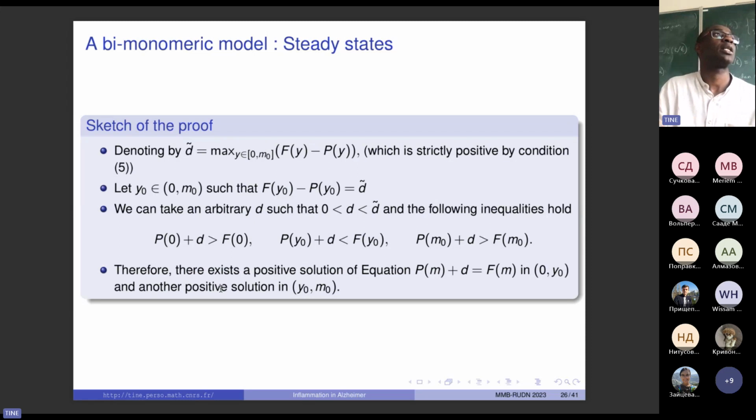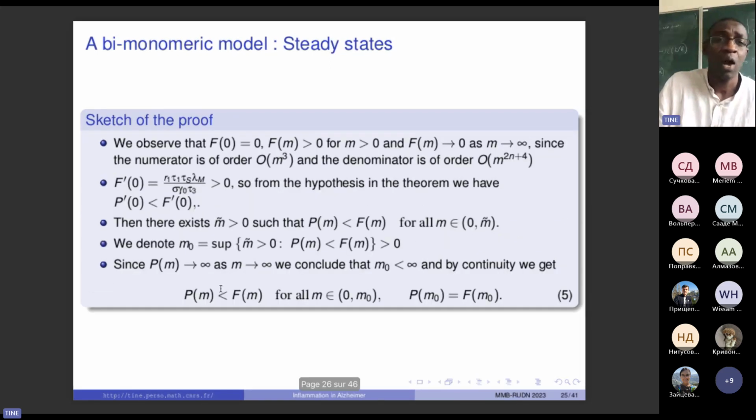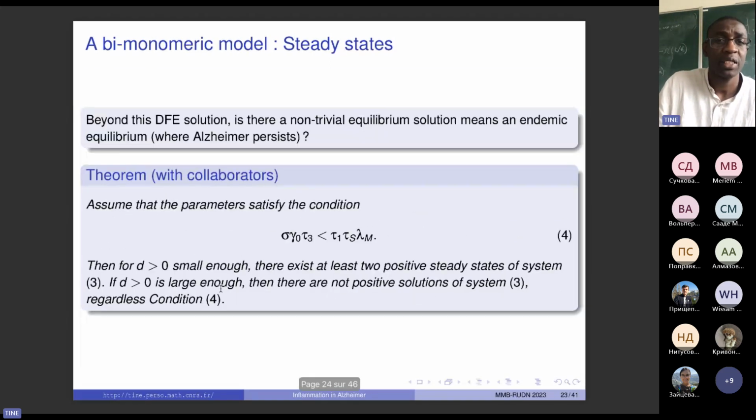This is exactly what you know about the Rolle theorem, or the theorem of intermediate value. So all the sketch is here, and when we do that, we prove our famous theorem: when we have this inequality, we can have a positive steady state.